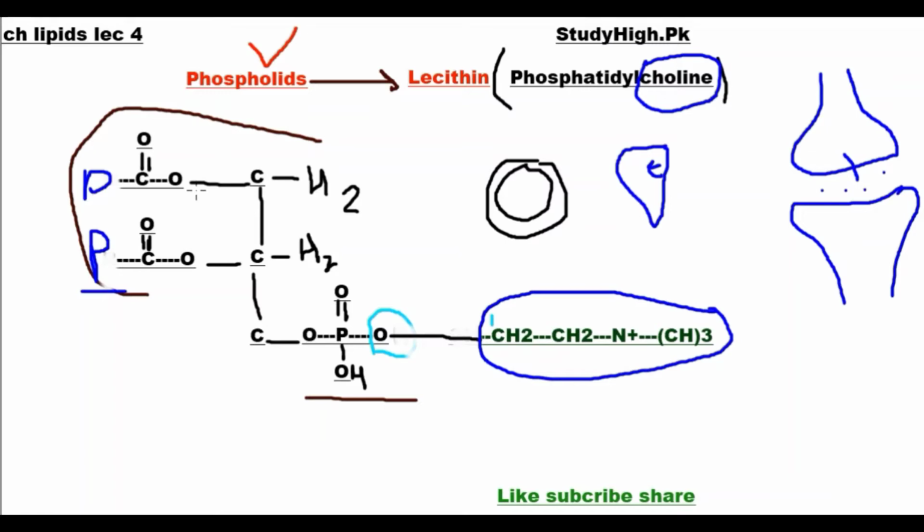So if carbon 1 and carbon 2 of phosphatidylcholine consist of two palmitic acids, then we call it dipalmitoyl lecithin. This dipalmitoyl lecithin is produced by the cells of our lung called pneumocytes. Ninety percent of the surfactant consists of dipalmitoyl lecithin or other lipids, whereas 10% consists of proteins that reduce the surface tension and help the lungs inflate easily without much resistance.